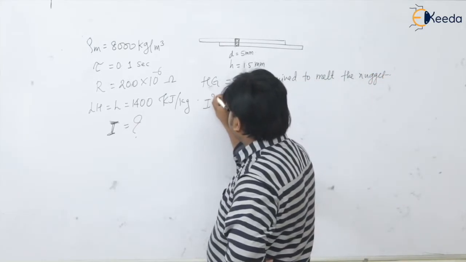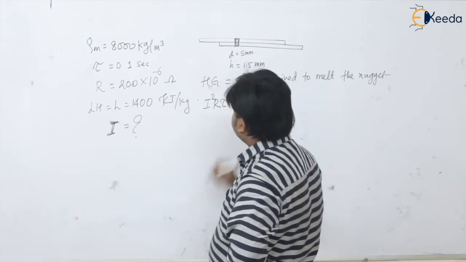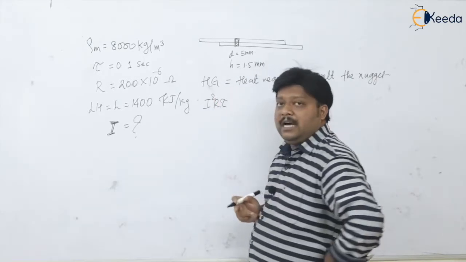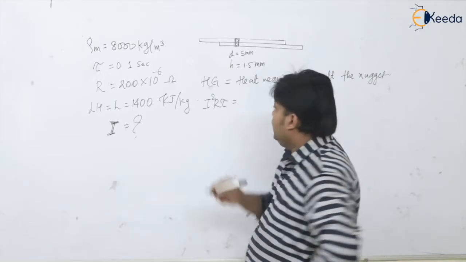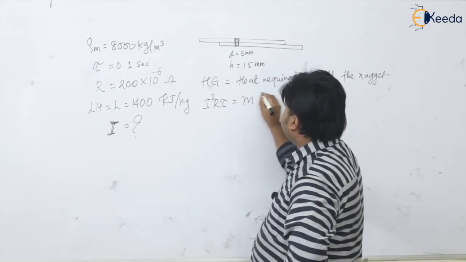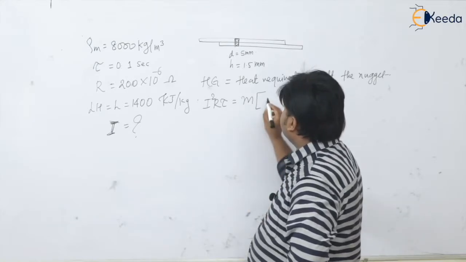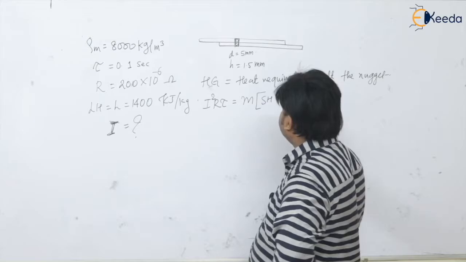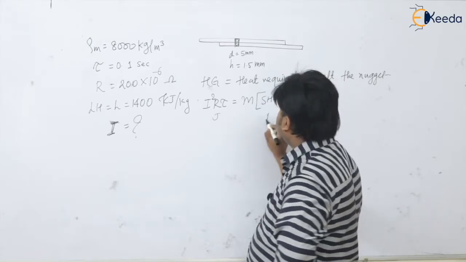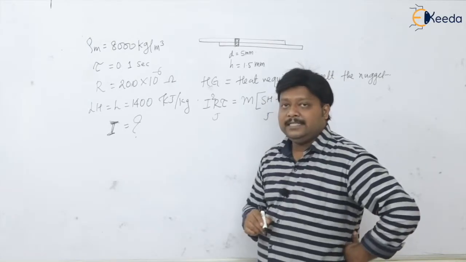We know that heat generated is I square R tau. And what is the heat required to melt the nugget? It is nothing but the mass of the nugget into sensible heat plus latent heat, isn't it? So this will be in joules, this will be in joules, isn't it?